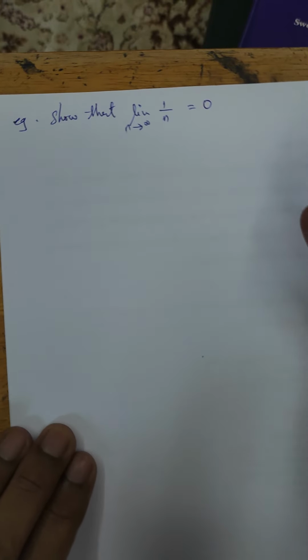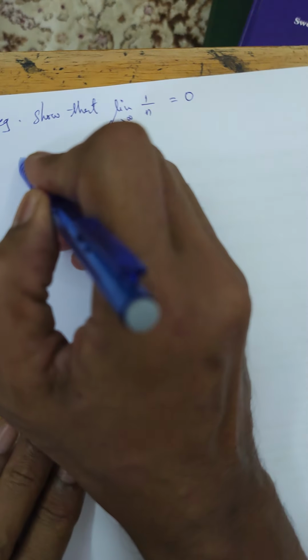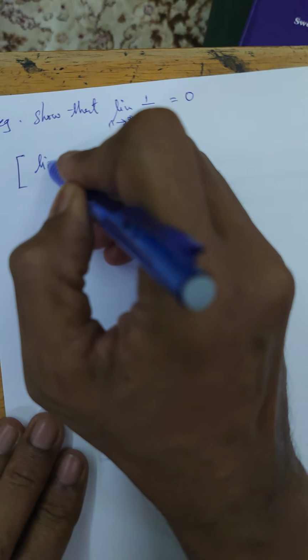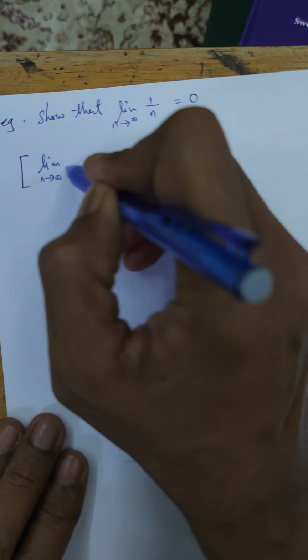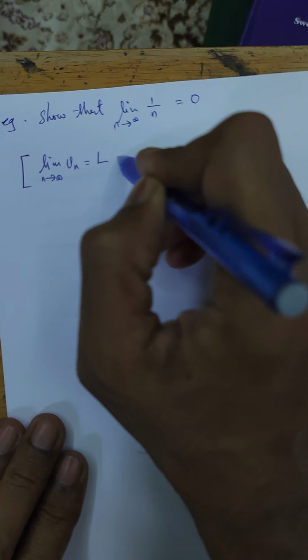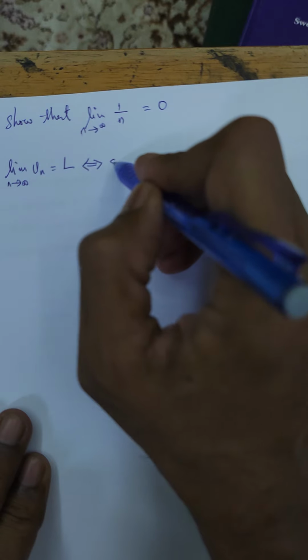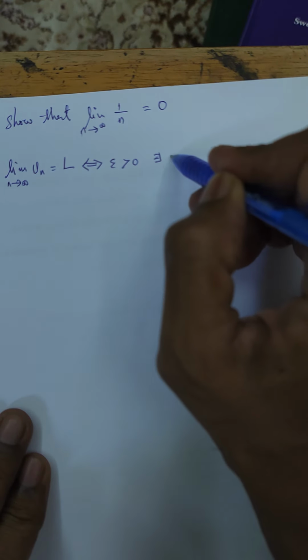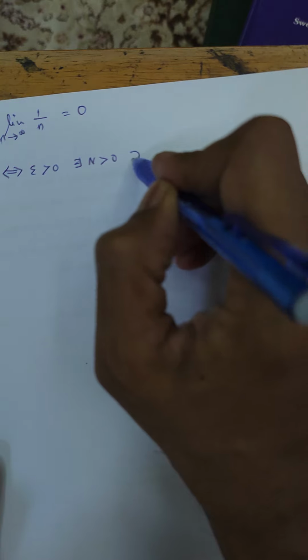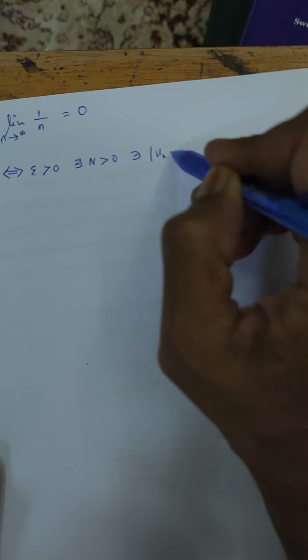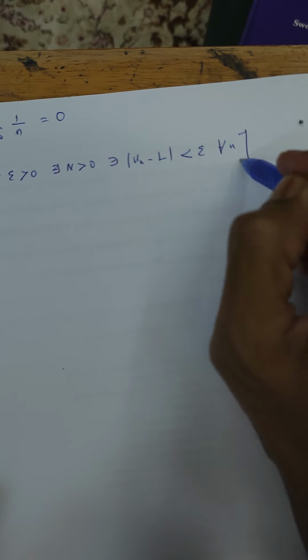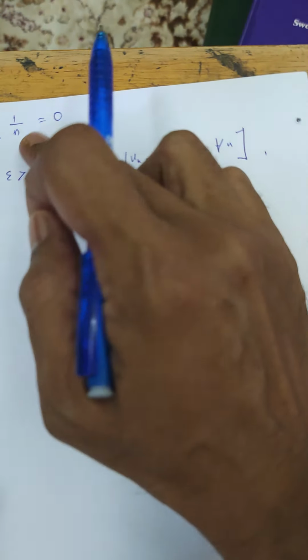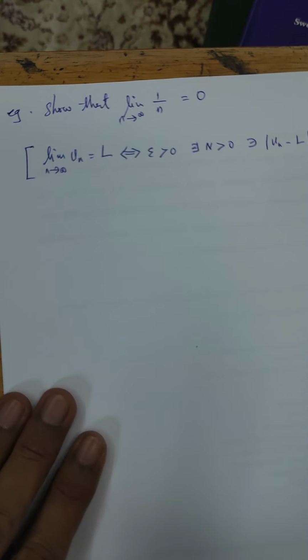Okay, so let's come back to our definition. I write it again. The definition is: the limit as n goes to infinity of u_n is equal to L if and only if for every positive epsilon you can find a positive N such that |u_n minus L| is less than epsilon for all n greater than N. So we're going to use this definition to prove that the limit of 1 over n goes to 0.